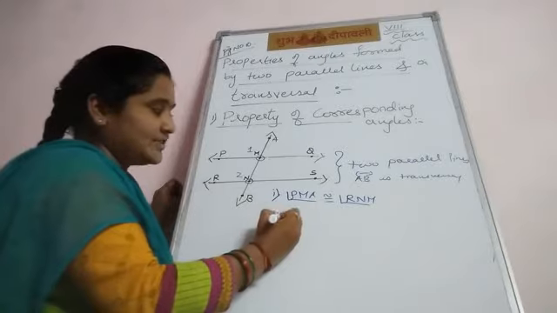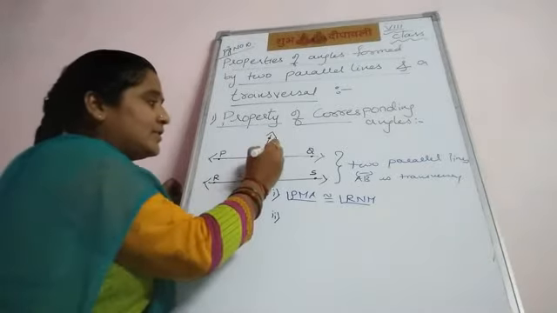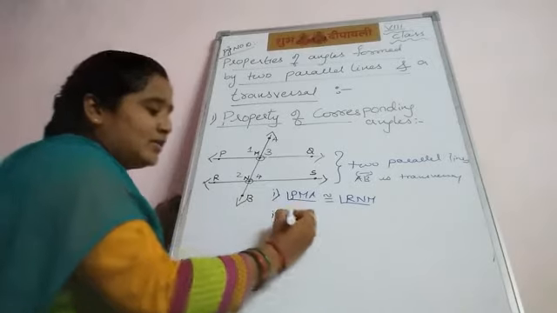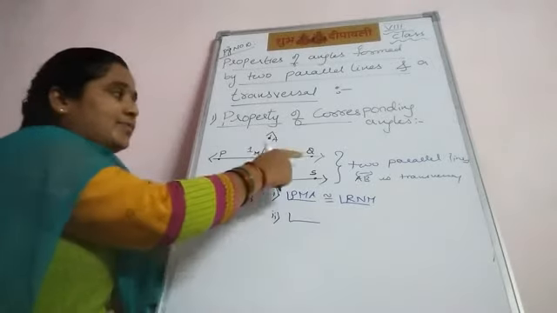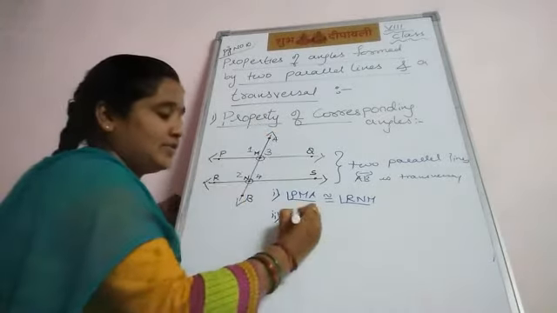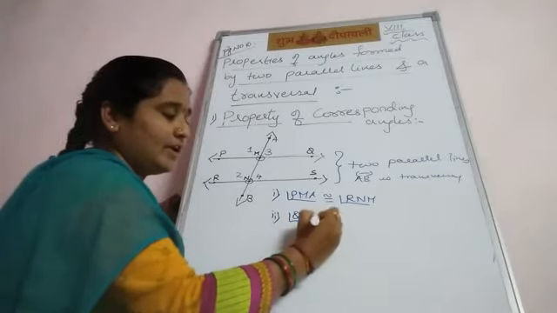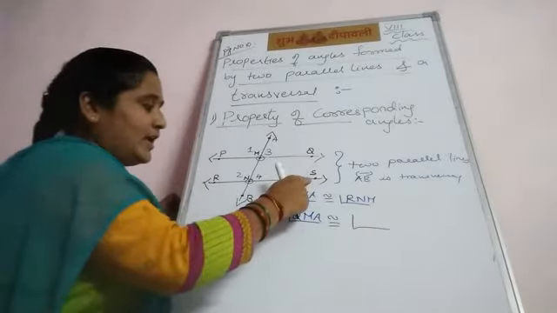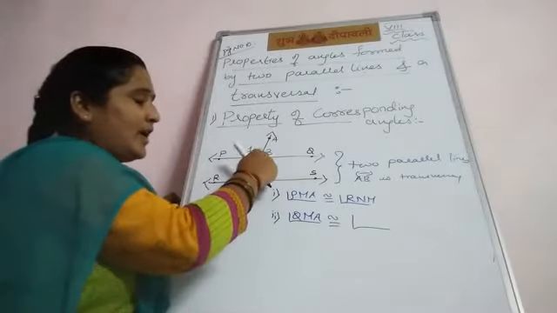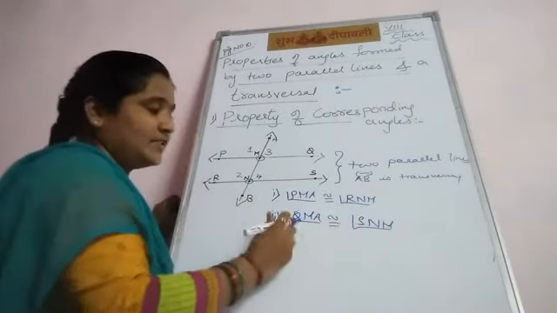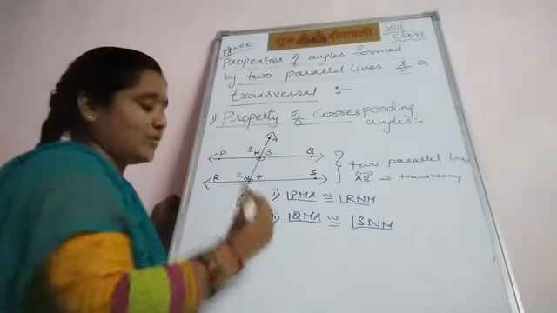Now coming to the second pair. Here, angle 3 and angle 4. Write in three letters form. Angle QMA is congruent to angle SNM. These two angles are congruent.